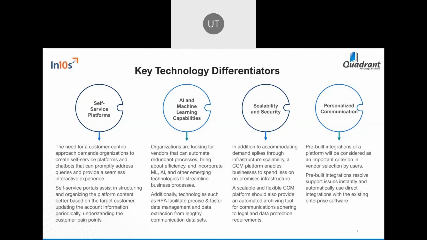So a scalable and flexible CCM platform helps accommodate demand spikes, and also provides an automated archiving tool for communications adhering to legal and data protection requirements. Last but not the least, personalized communication. I would just like to sum up by saying that serving customers exactly what they're looking for, right when they're looking for it, is what it is.